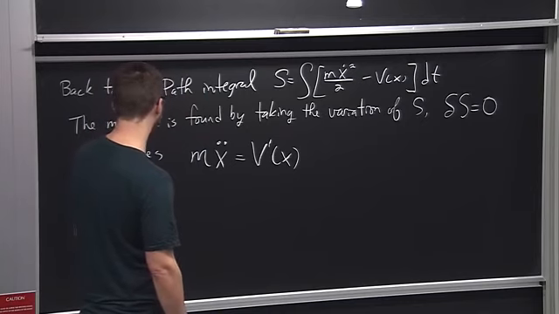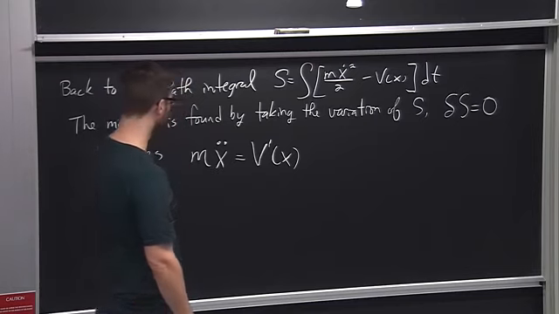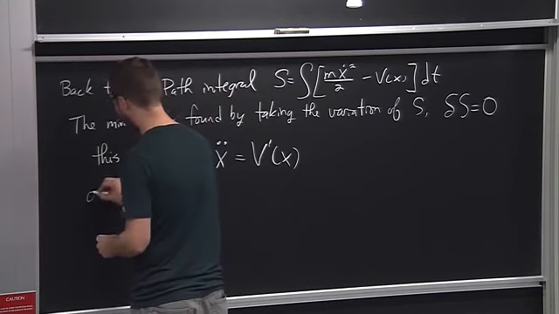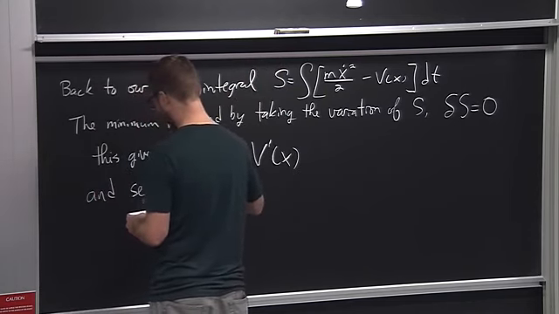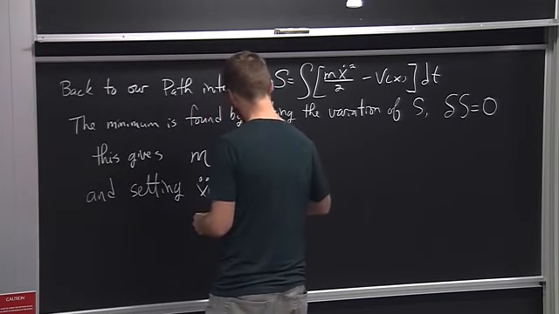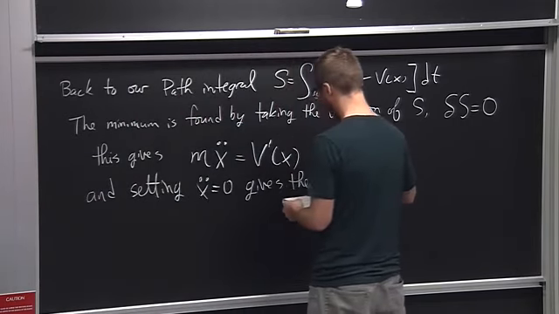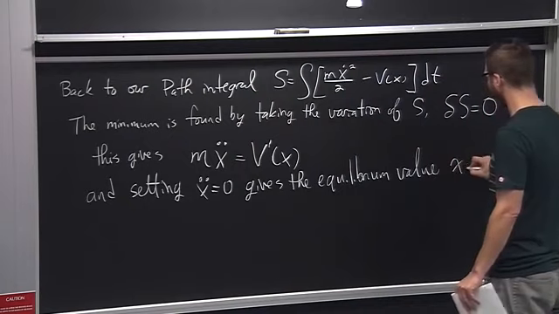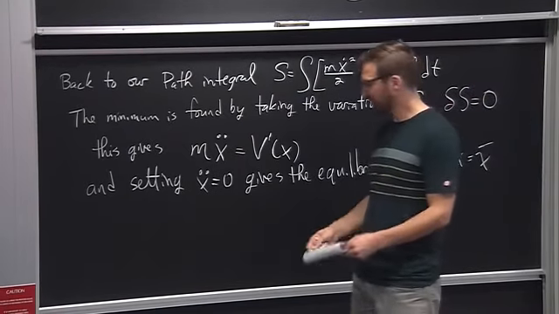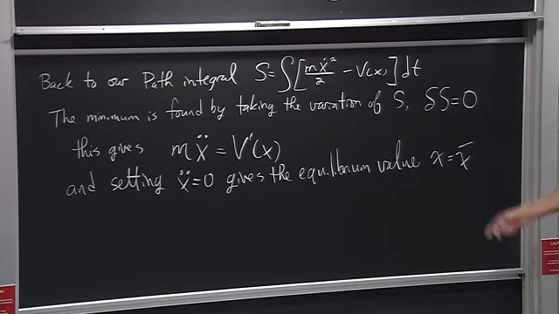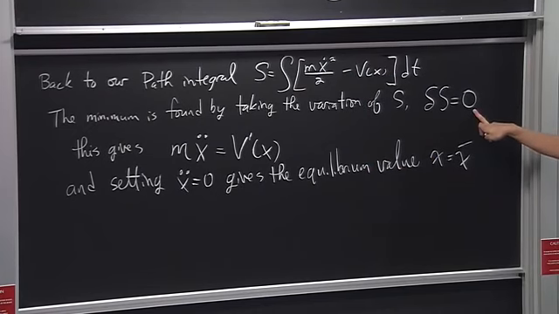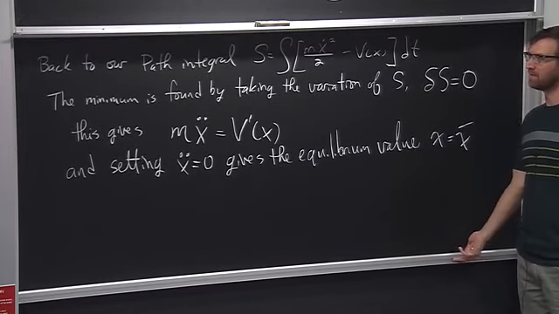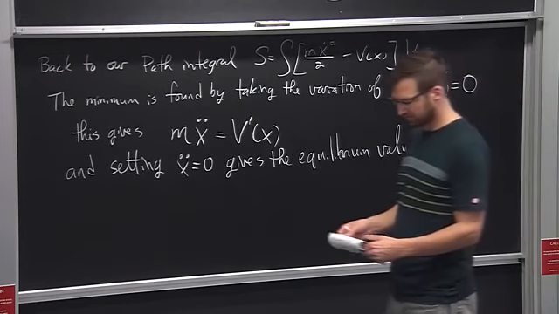If you set the acceleration to 0, then you're just finding the equilibrium value. That's your simplest equation of motion, that comes out of varying the action. So nothing deep, something you already know from classical mechanics.